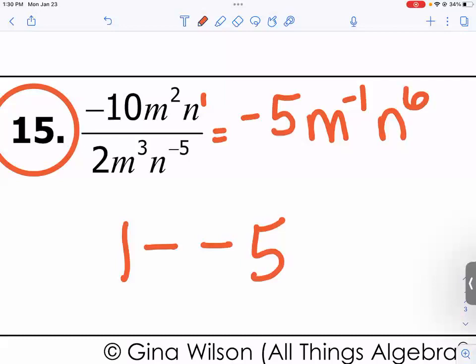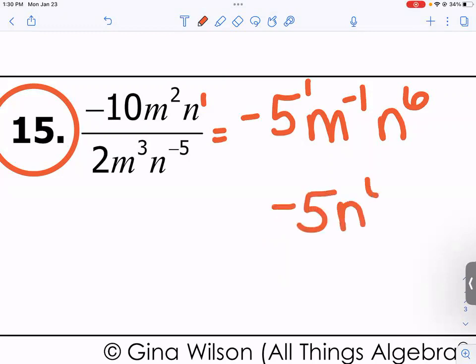Oh. Okay. Now, here's my next issue. What's the exponent on 5? One. No negative. There's not a negative exponent. -5 gets to stay. N to the 6th gets to stay. And M to the 1st has to go downstairs.